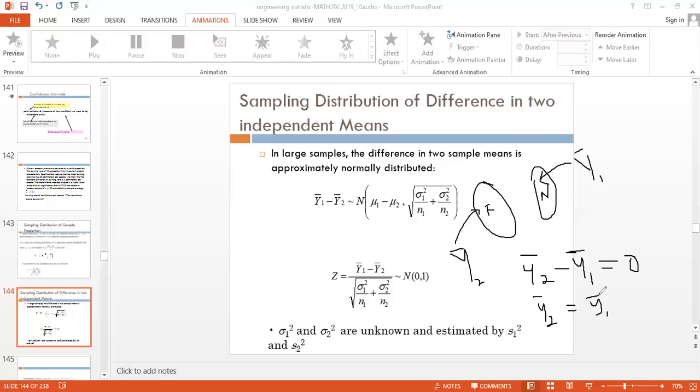Now there are two main types of differences we'll be looking at. We have situations where the populations are independent. Independent means the crops which were planted using the normal techniques are different from the crops which were treated with fertilizer. So the yield y2 has nothing to do with the normal technique.